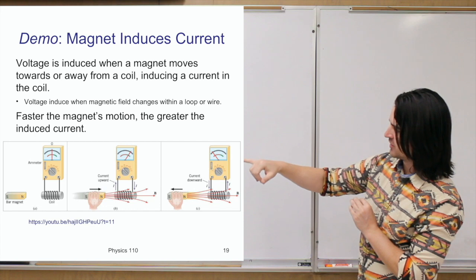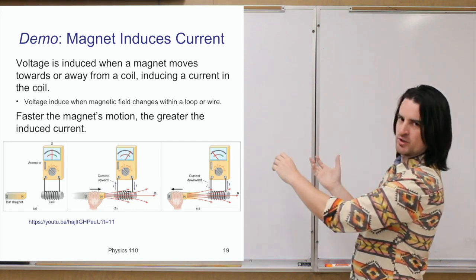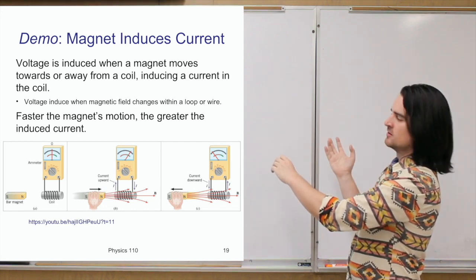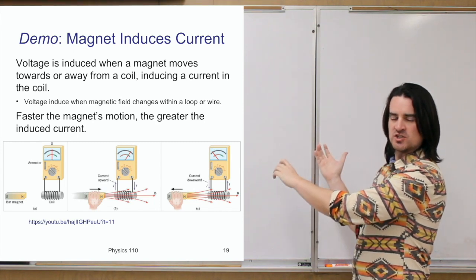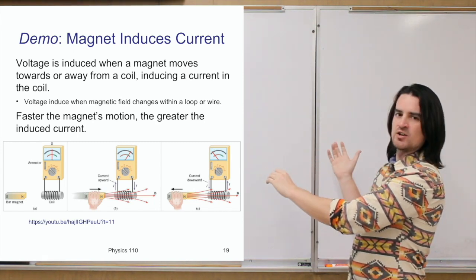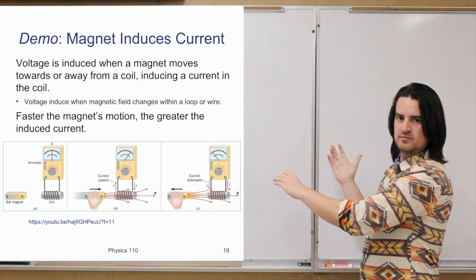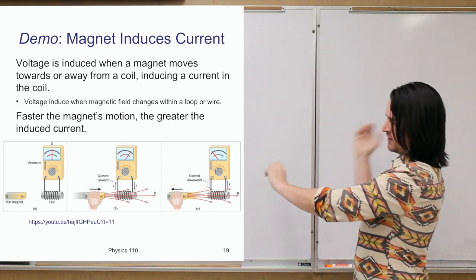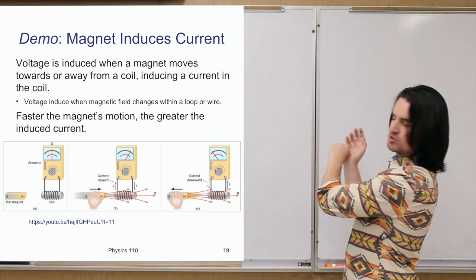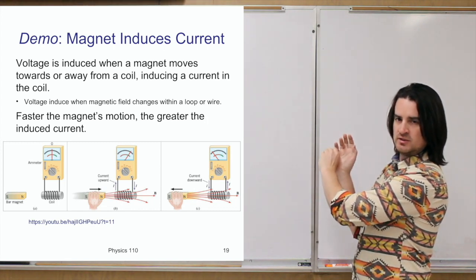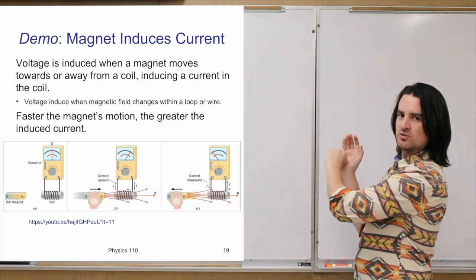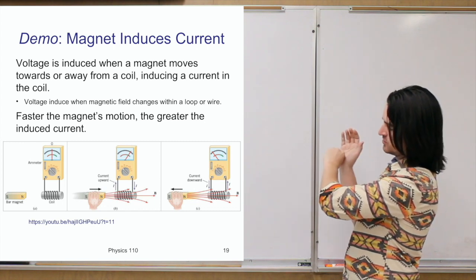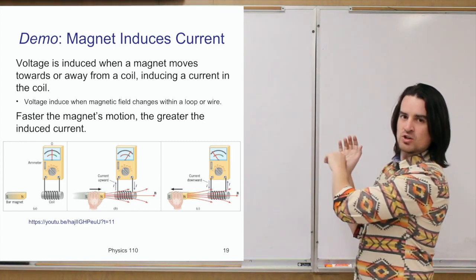So to begin with, on the left, if you just have that magnet and you have the coil connected to the ammeter, if the magnet's stationary and the coil is stationary, you're not going to have any induced current. You're not going to see any movement on that ammeter. However, if I take my magnet and bring it closer to the coil, I've changed the magnetic field through that coil by moving it closer, and I will then induce a current to flow.